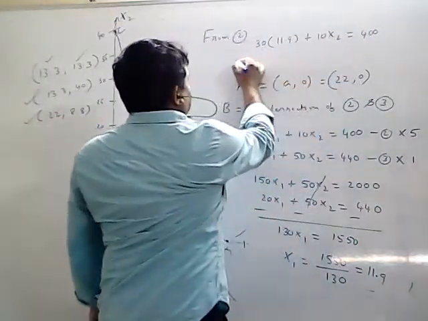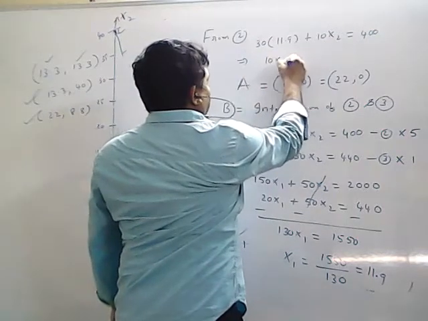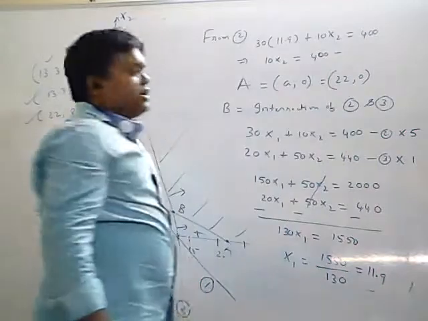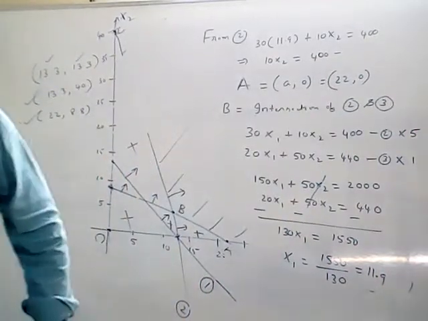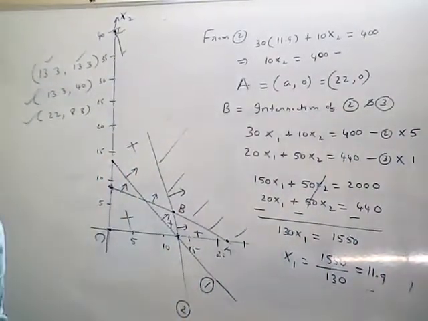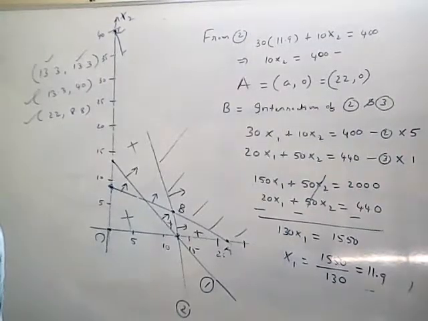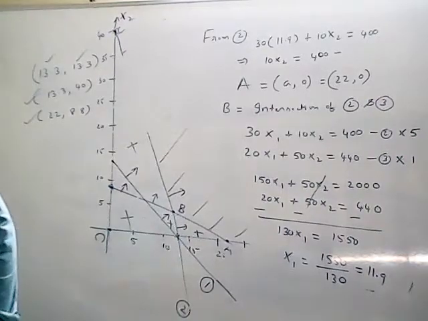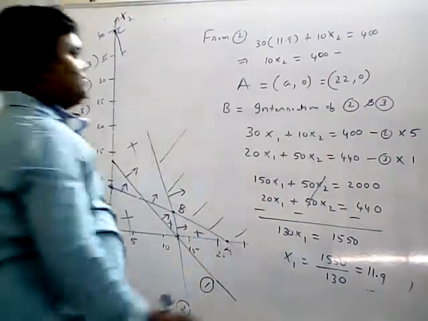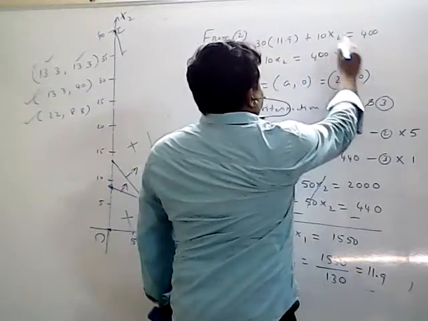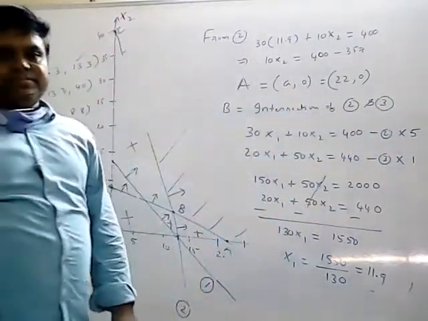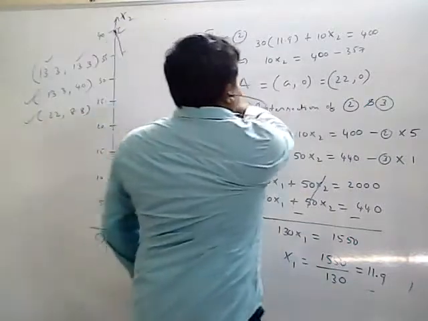So this implies 10x2 equals 400 minus 11.9 into 30. That means you are getting 357. This is plus 357, which becomes minus 357.